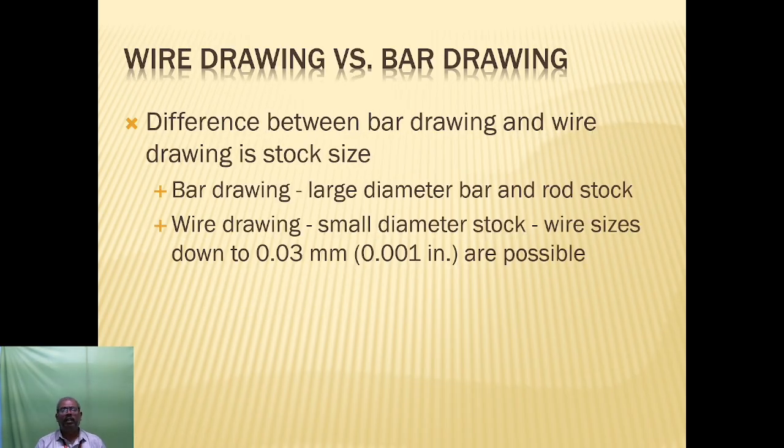When you compare wire drawing and bar drawing, the difference is stock size. In bar drawing, large diameter bar and rod stock is the output, whereas in wire drawing, smaller diameter stock and wire sizes down to 0.03 mm, that is 0.001 inches, are possible.